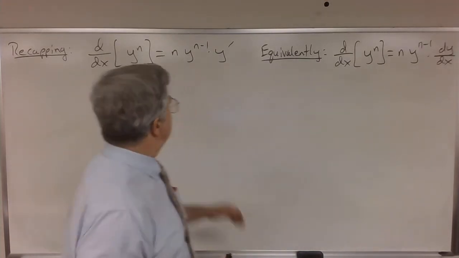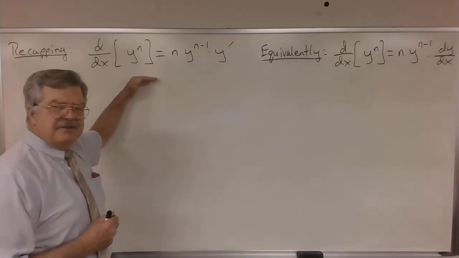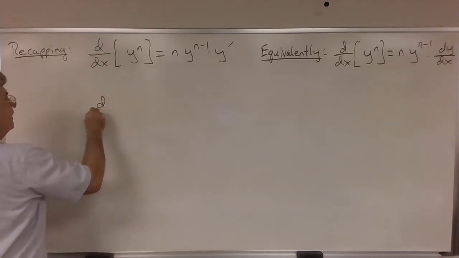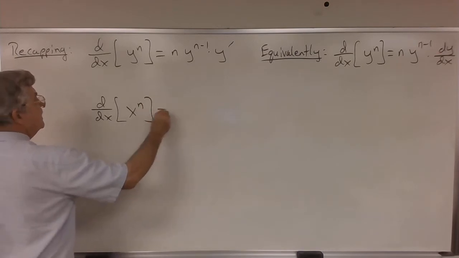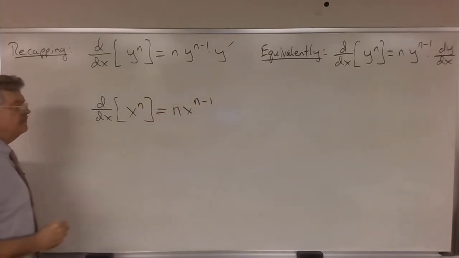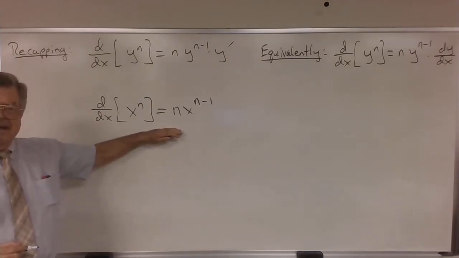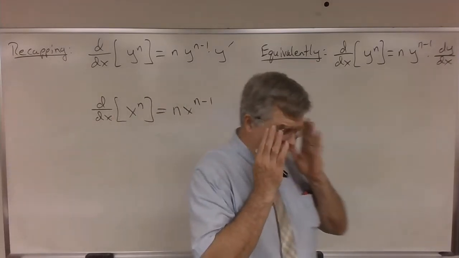Because I'd look at this and say, well, why does this turn out this way when the derivative of x to the n is just nx to the n minus 1? And it didn't seem right to me.